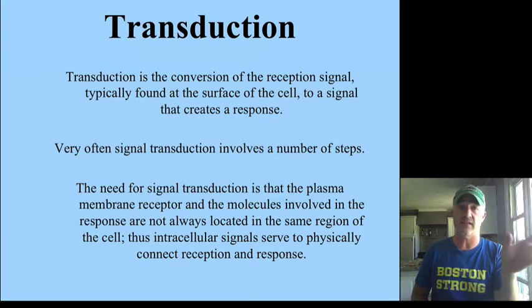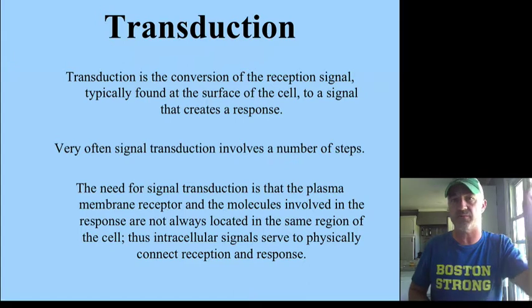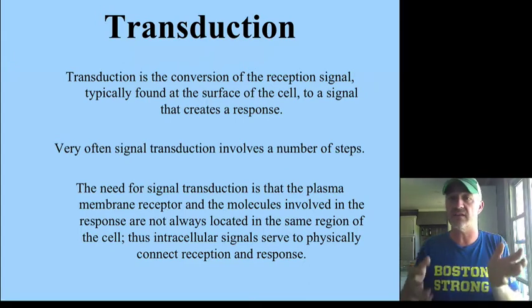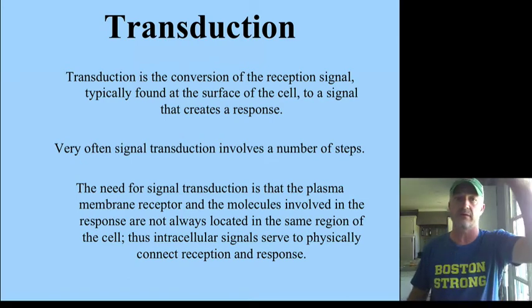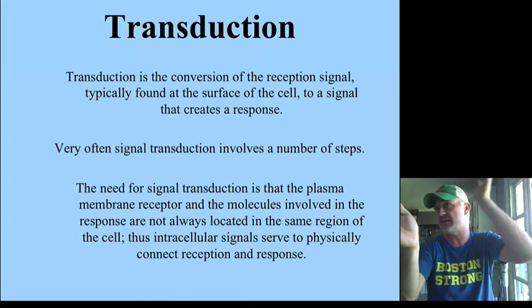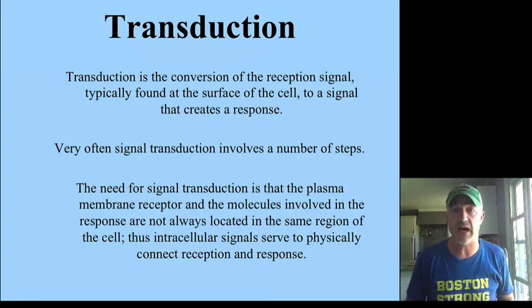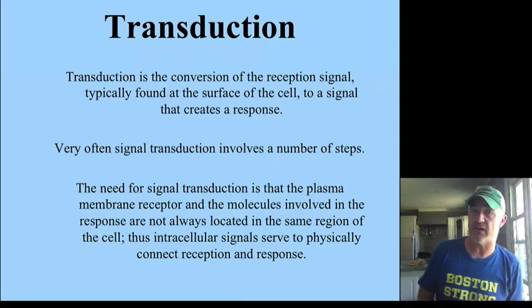Transduction is then taking that signal and basically changing it. So originally it was this particular hormone or chemical on the surface. We're going to convert the signal into something that brings about a cellular response. So it might be one type of enzyme altering the next one, that sooner or later gets to where we have a response. And we're going to see a lot of times there is a large number of steps involved in this.